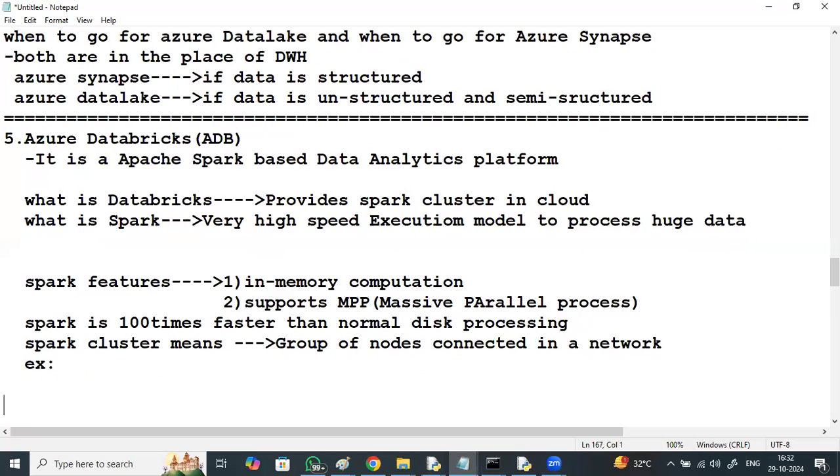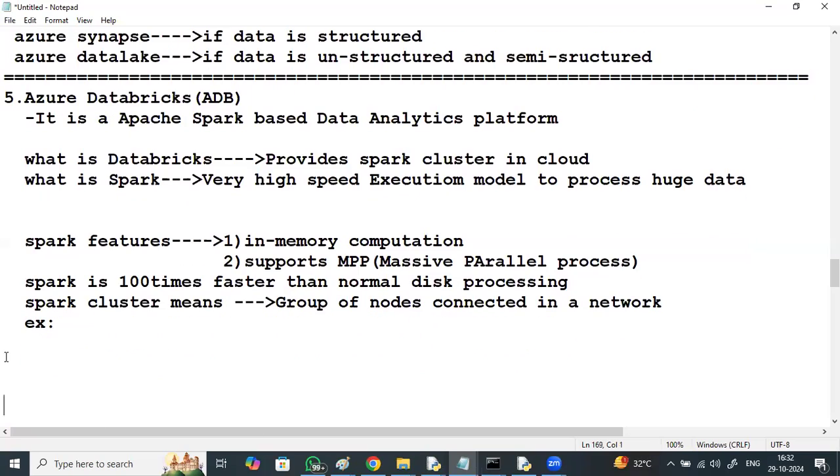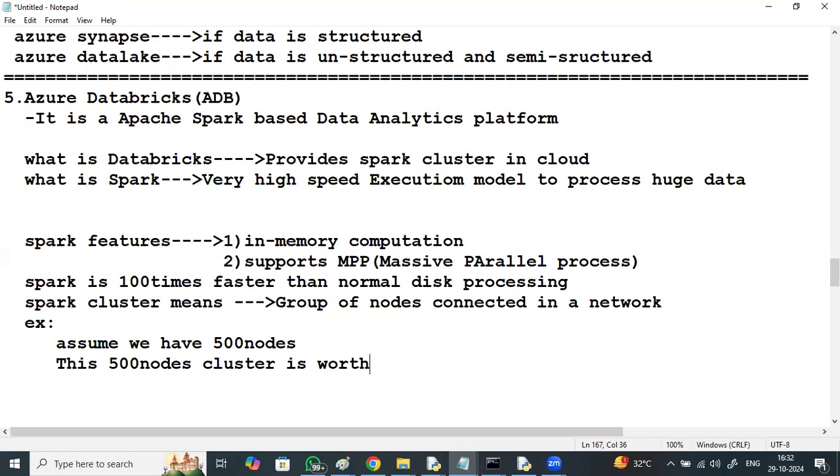Example. Assume we have 500 nodes. This 500 nodes cluster is worthy of 2 TB of data at a time.